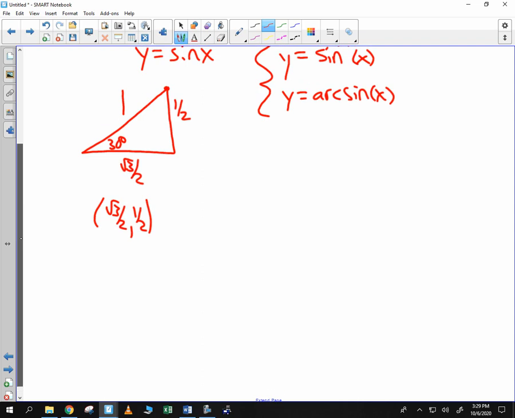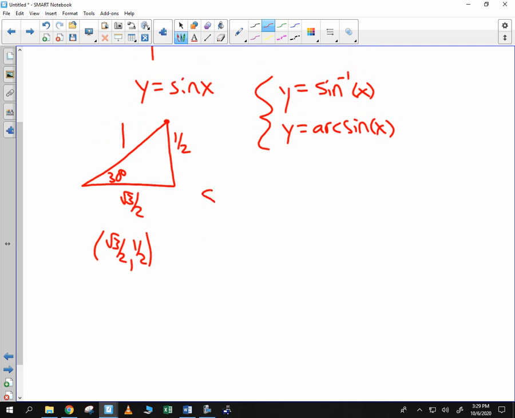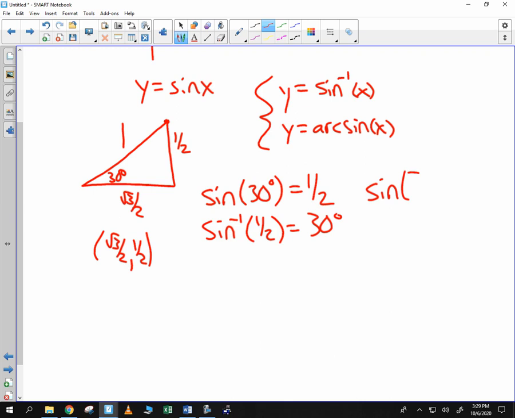So what we know in that situation is that the sine of 30 degrees is equal to 1/2. That means that the sine inverse, or arc sine, of 1/2 produces 30 degrees. Now, in calculus, we like to work in radians. So the sine of pi over 6 is equal to 1/2. The arc sine of 1/2 is equal to pi over 6, which is about 0.51, okay?